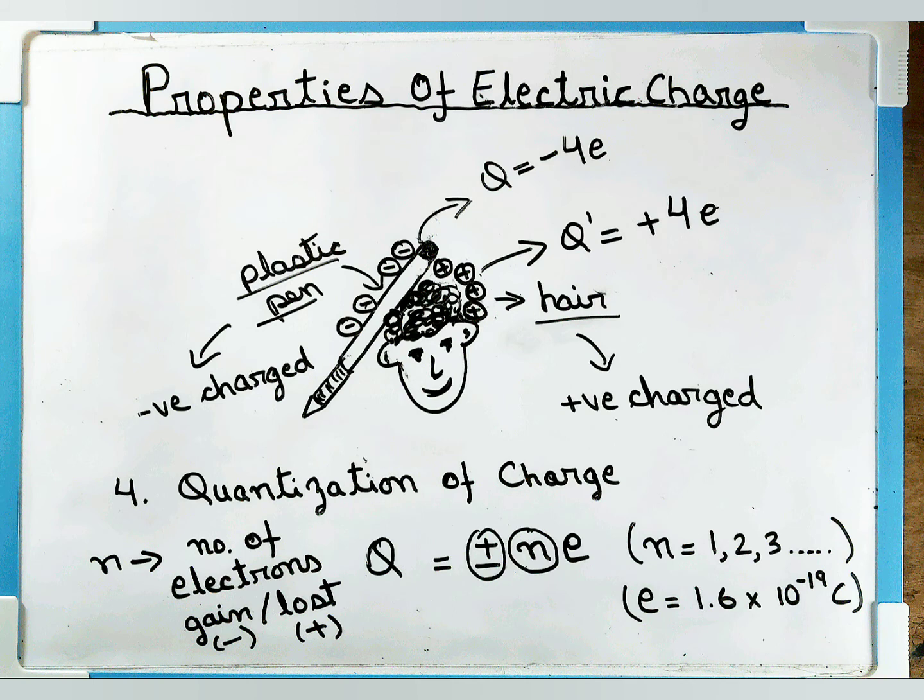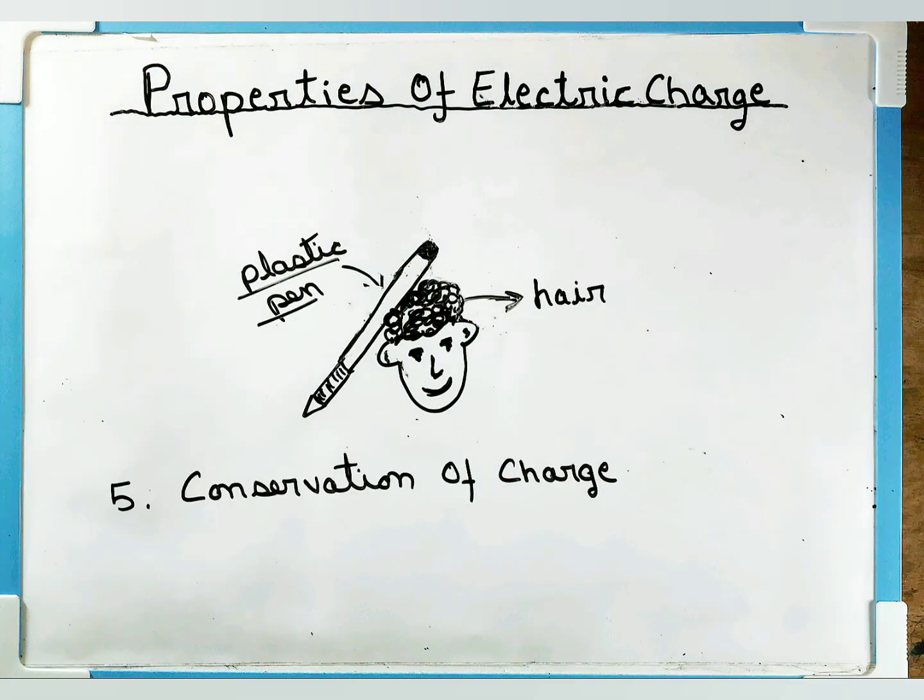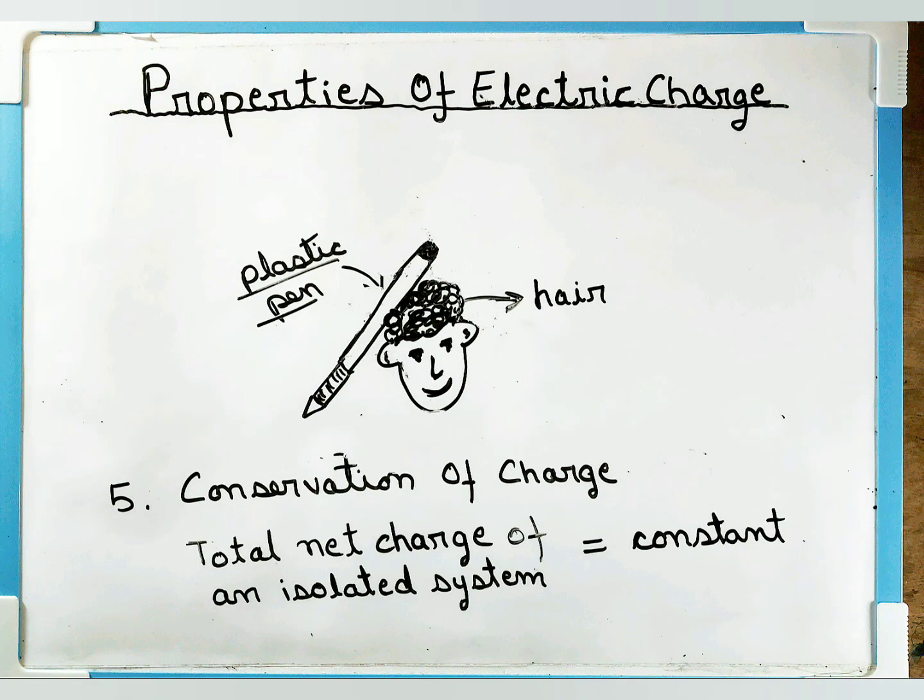Now we come to the last property of charge. That is the law of conservation of charge: the charge of an isolated system is always conserved. Again, we shall take the same example and same activity here.